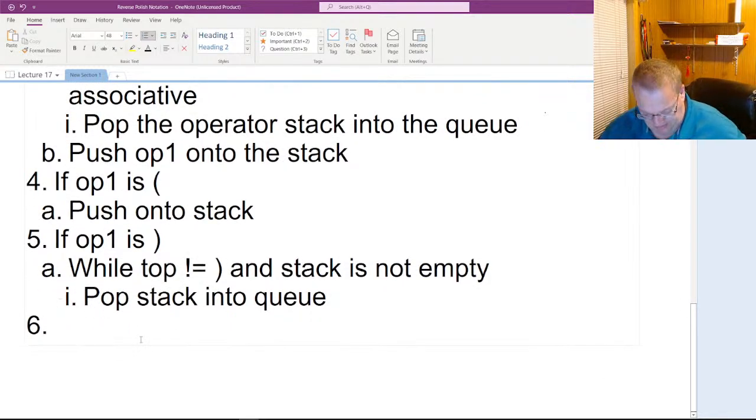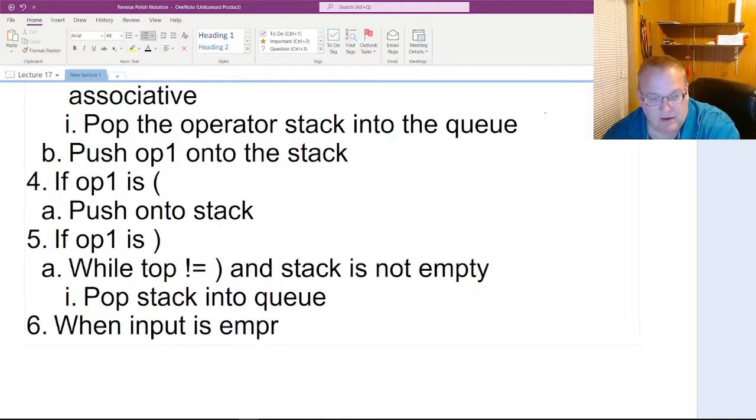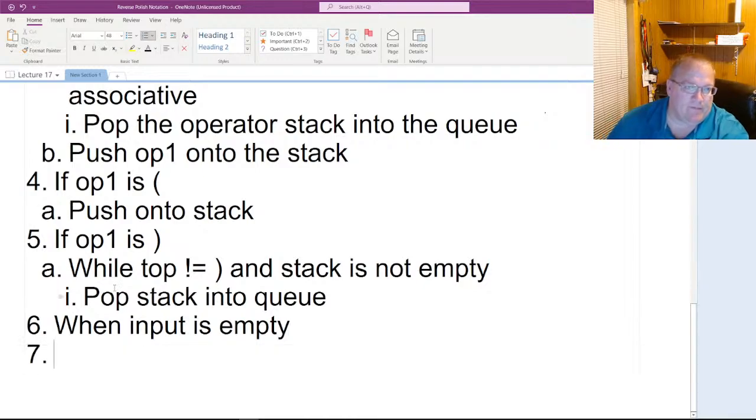So, in some ways we need to take a break here when input is empty. Because once we get done down to here, we're just going to jump back up to the read again.